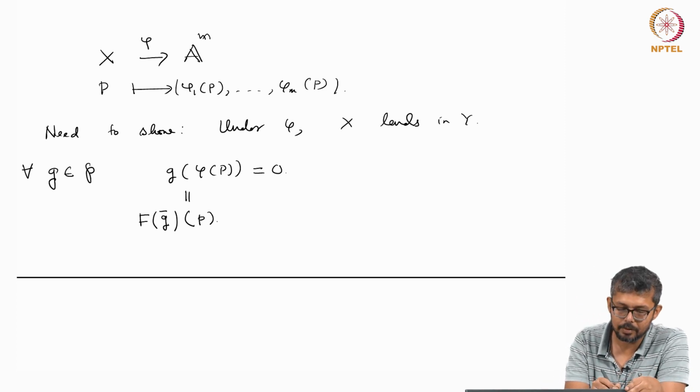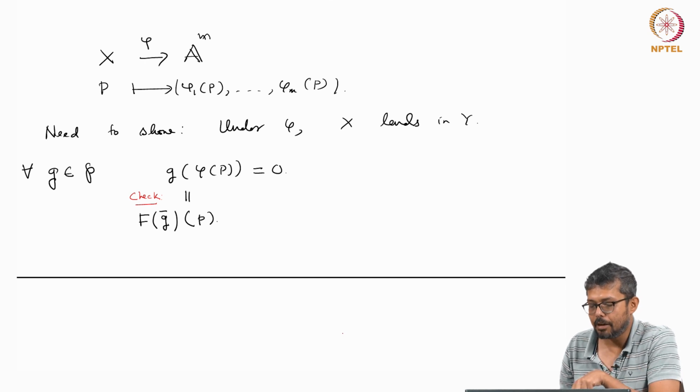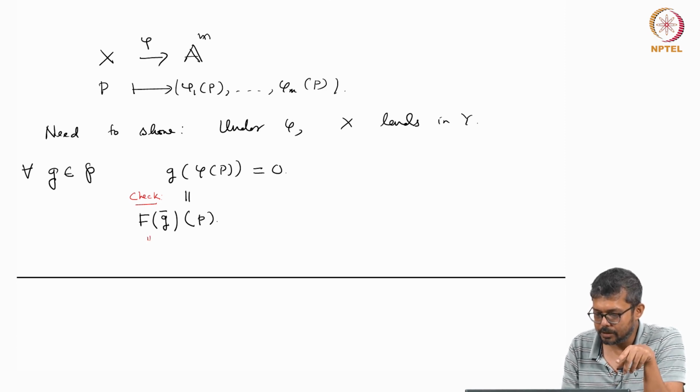So g of phi of p is nothing but f of g bar of p. But f of g bar is 0, because after all it's a map from O_Y to O_X, where O_Y is K[x1, ..., xm] modulo P. So g bar is going to 0, so this is 0.